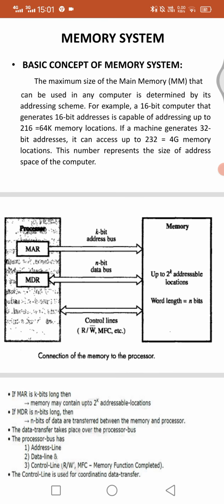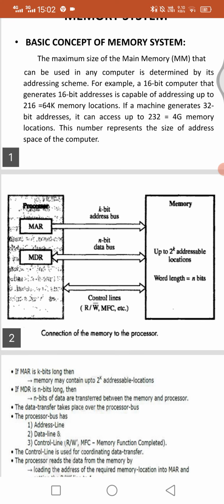The maximum size of the main memory that can be used in any computer is determined by its addressing scheme. With the help of the addressing scheme, we identify the maximum size of the main memory.